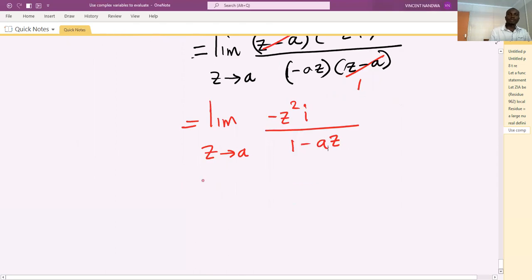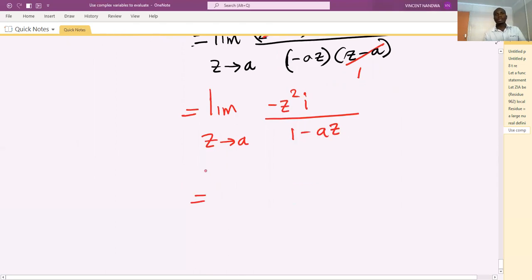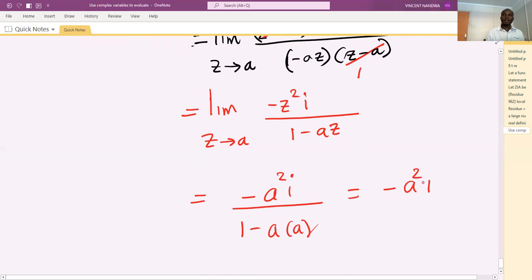This should give the answer by direct substitution. So we'll have negative a squared i over 1 minus a times a, which is negative a squared i over 1 minus a squared.